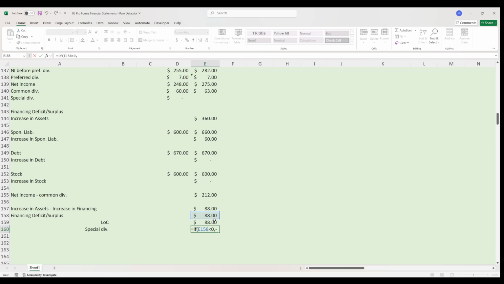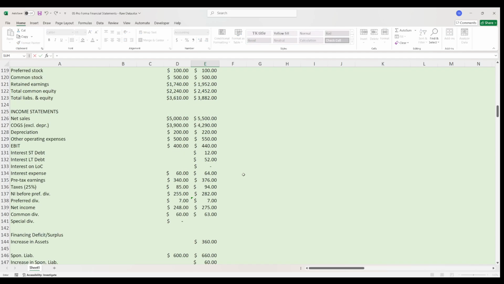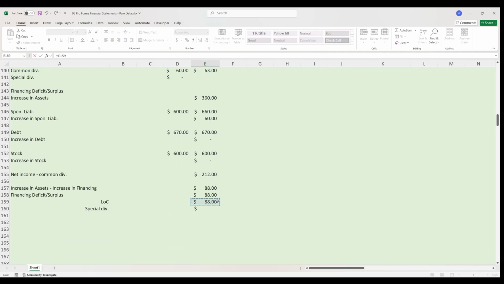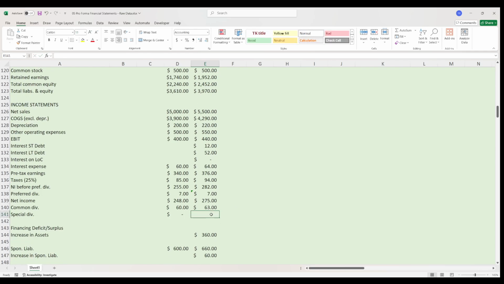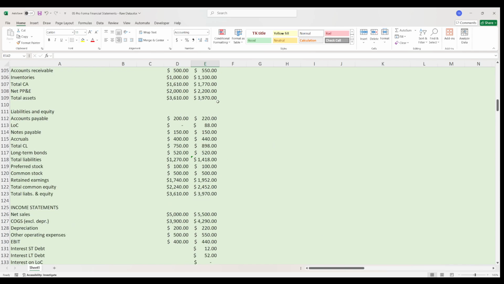Then we will need some special dividend. Otherwise, it's also a 0, right? So in this case, it's going to be 0. But if this number is a negative number, again, which means we have some surplus, then we're going to pay a special dividend. Okay. So in the balance sheet, the line of credit equals the line of credit row, and the special dividend equals the special dividend row. Okay, so that's the numbers, I think, right?